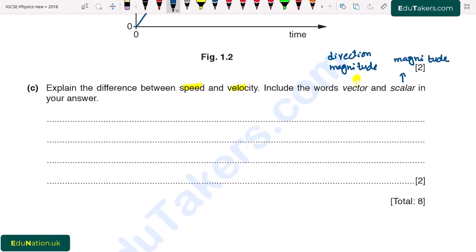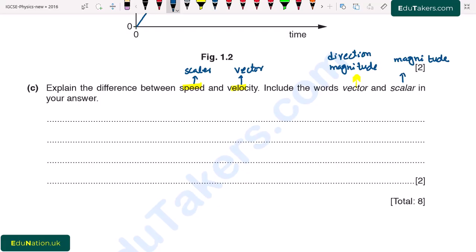We have to differentiate between the speed and velocity. Speed is a scalar quantity, while velocity is a vector quantity. It means that speed has only magnitude, while the velocity has both magnitude and direction.